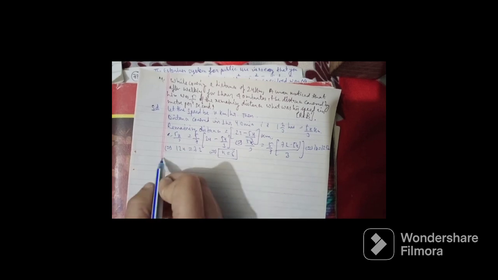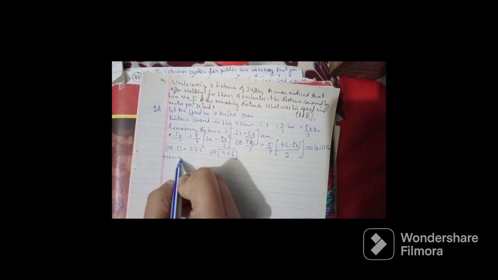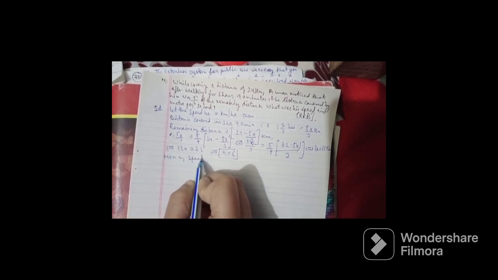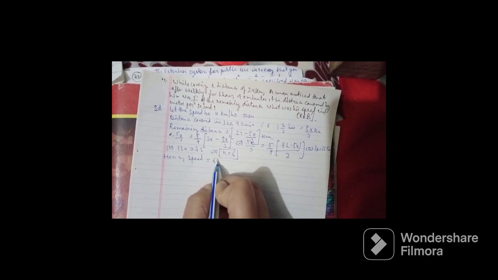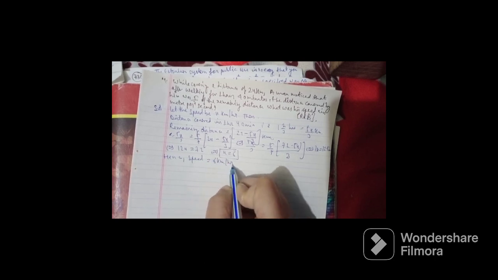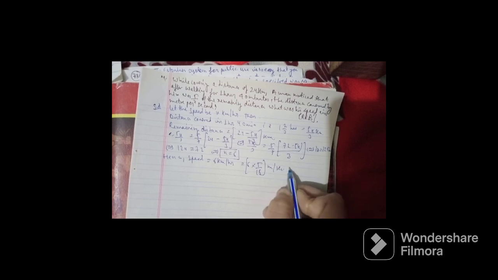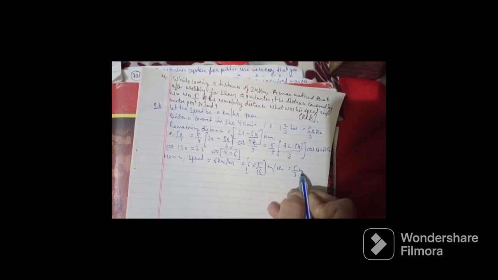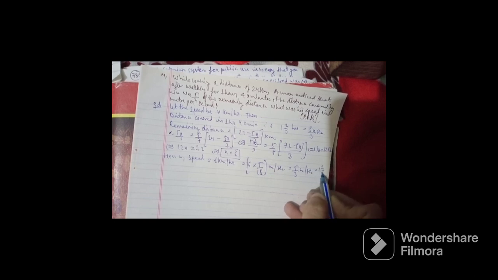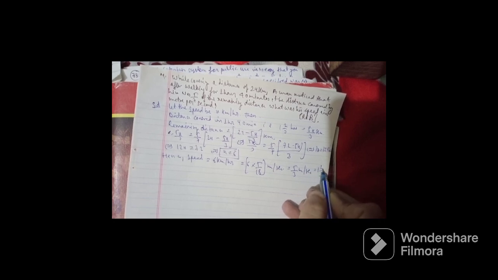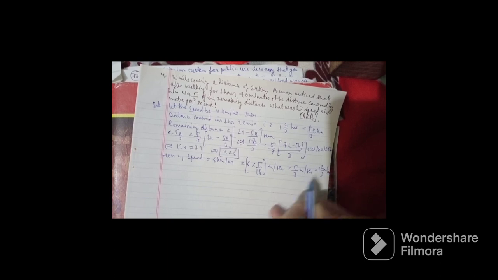Hence speed is equals to 6 kilometer per hour equals to 6 into 5 by 18 meter per second equals to 5 by 3 meter per second equals to 1 2 by 3 meter per second.